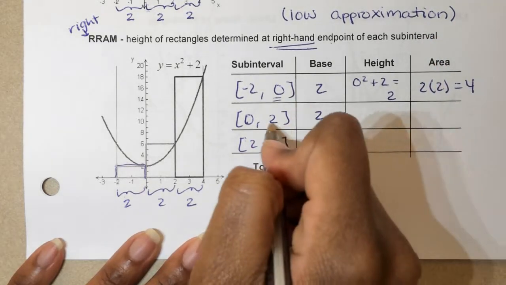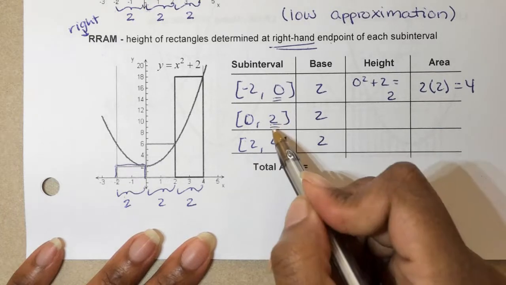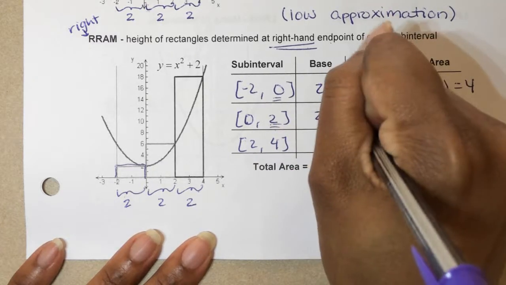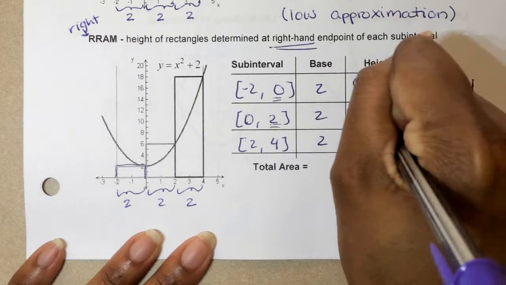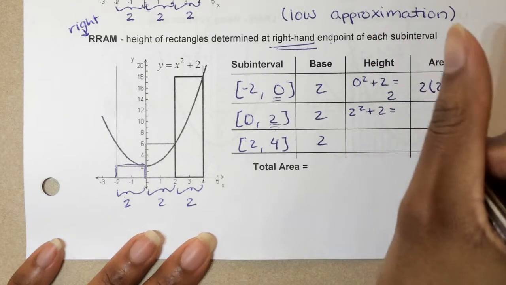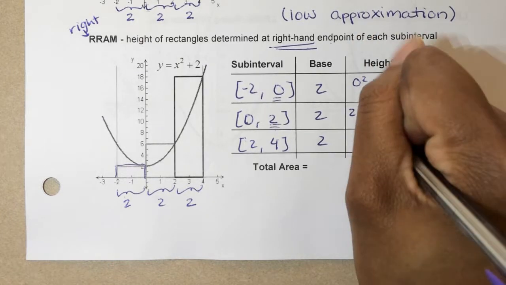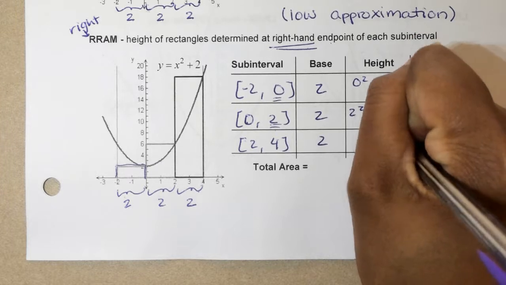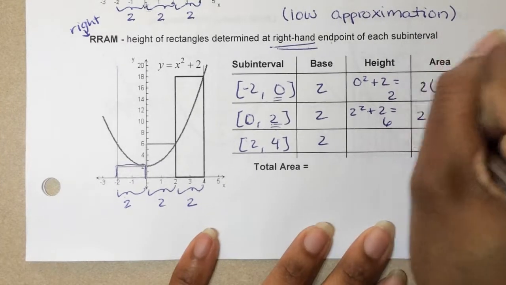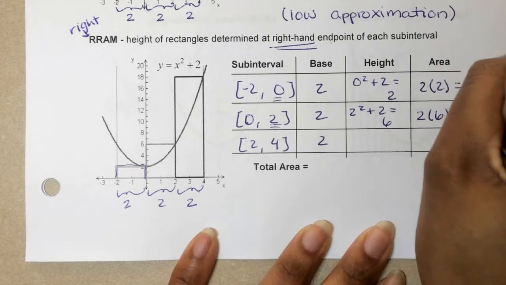For our second subinterval, we're looking at our value of x being 2, so we have 2 squared plus 2, which is 6. So our area is 2 times 6, which is 12.